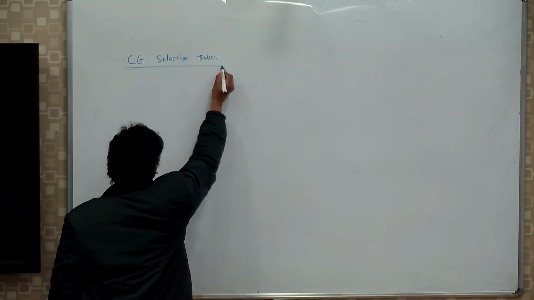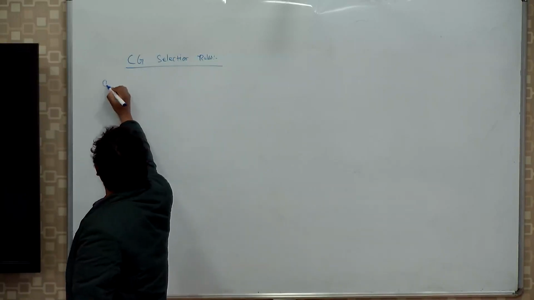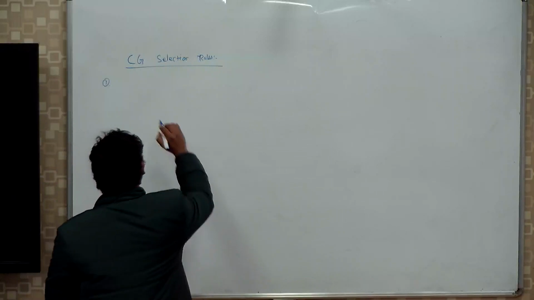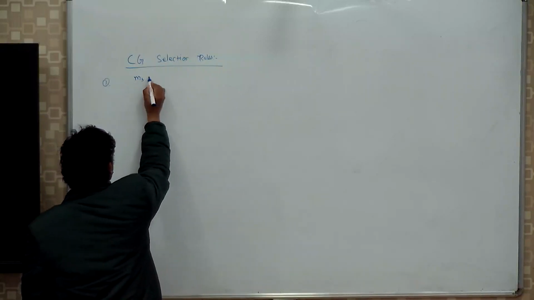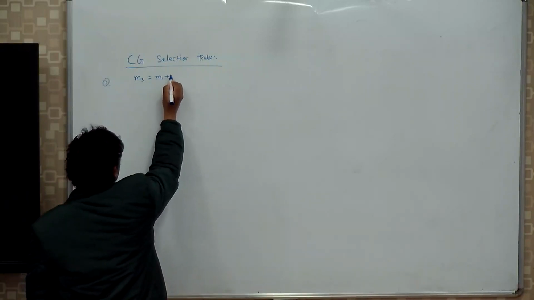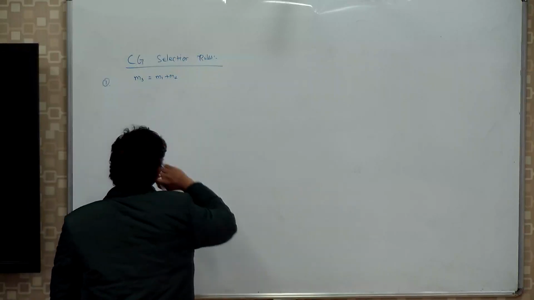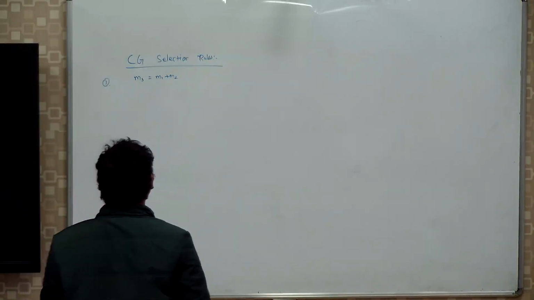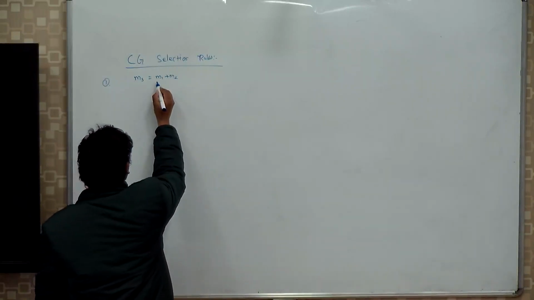There are two selection rules in this. So the first selection rule is nothing but M3 equal to M1 plus M2. That means the sum of two magnetic quantum numbers.